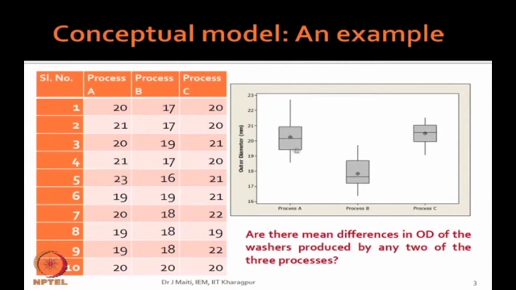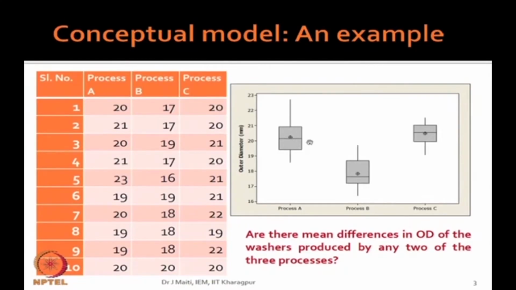This one is the box, the upper line is the upper whisker and this is the lower whisker. This box is determined by the interquartile range, IQR, and the horizontal middle line here is the median position from the data, and the circle plus is the mean position.